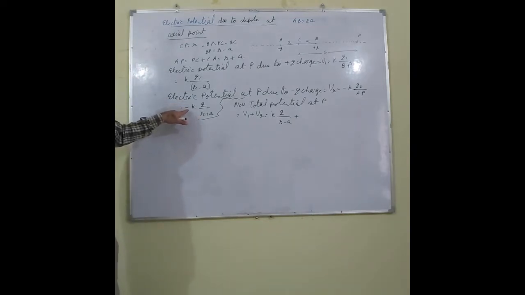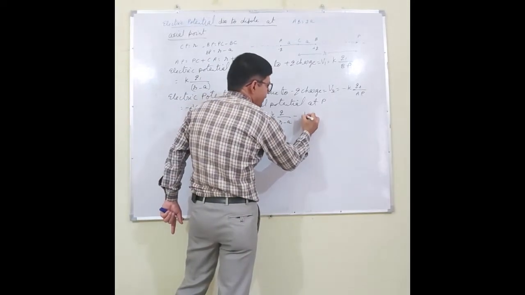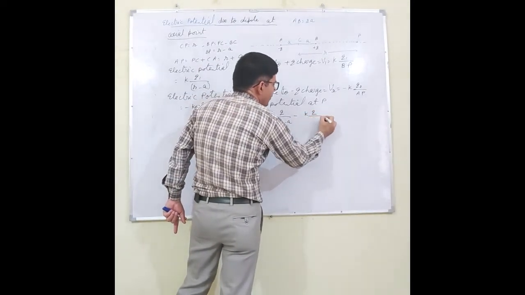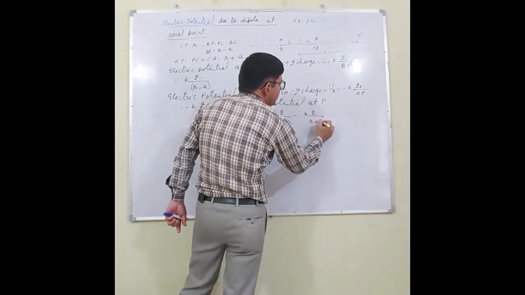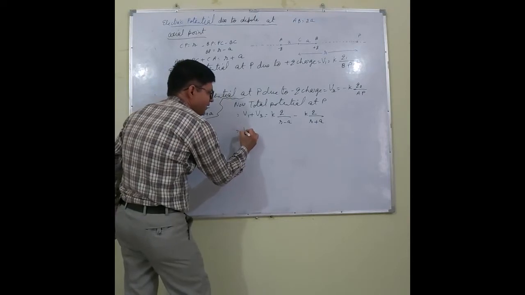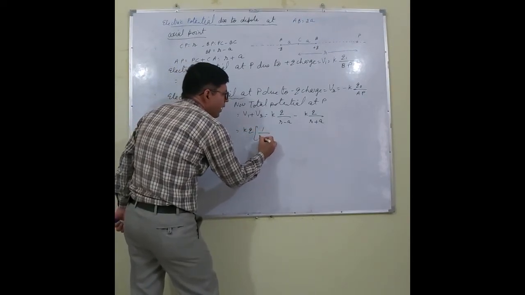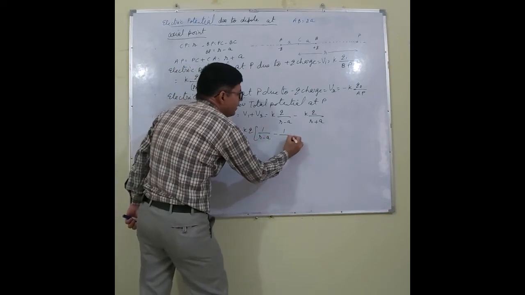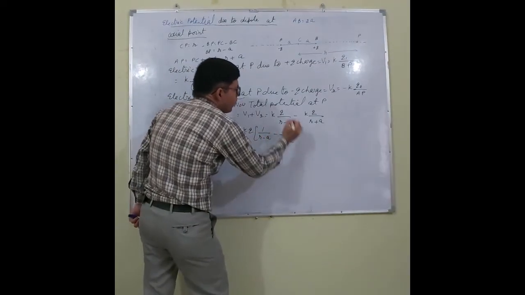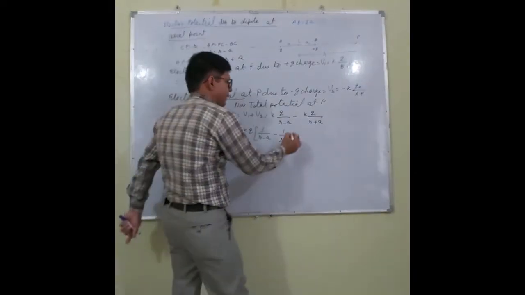So instead of writing this, I am writing directly minus Kq divided by r plus a. So what is this? Kq is common: 1 upon r minus a minus 1 upon r plus a.